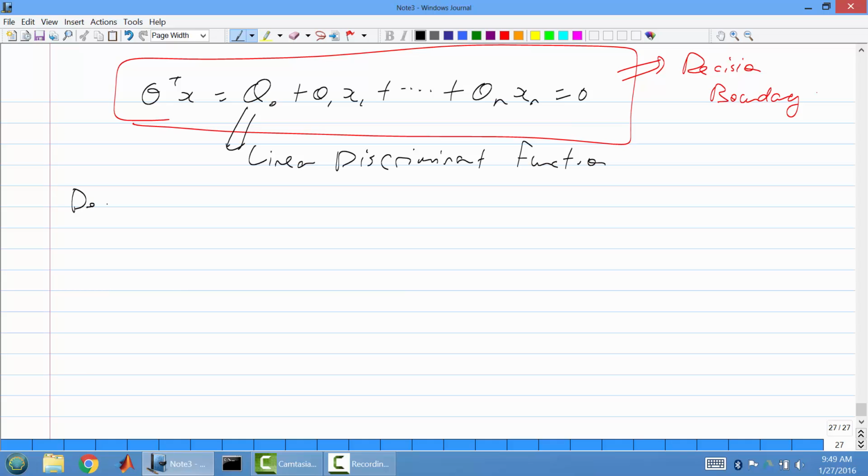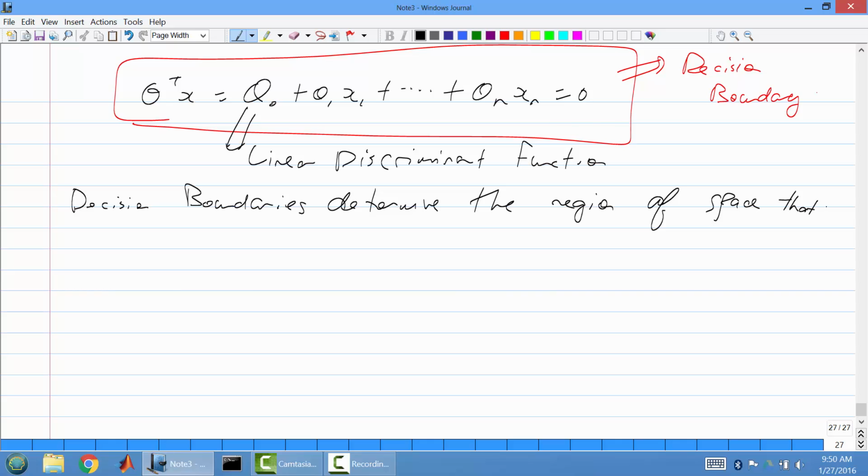So, decision boundaries determine the region of space that instances are classified into.